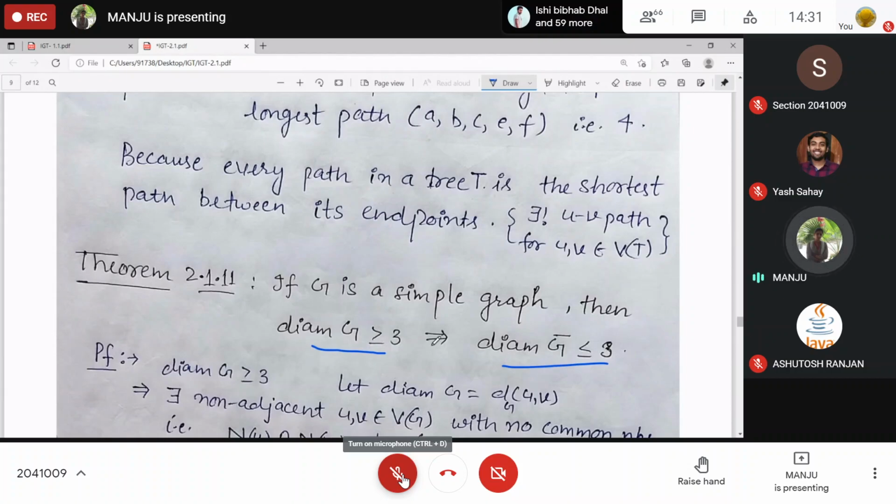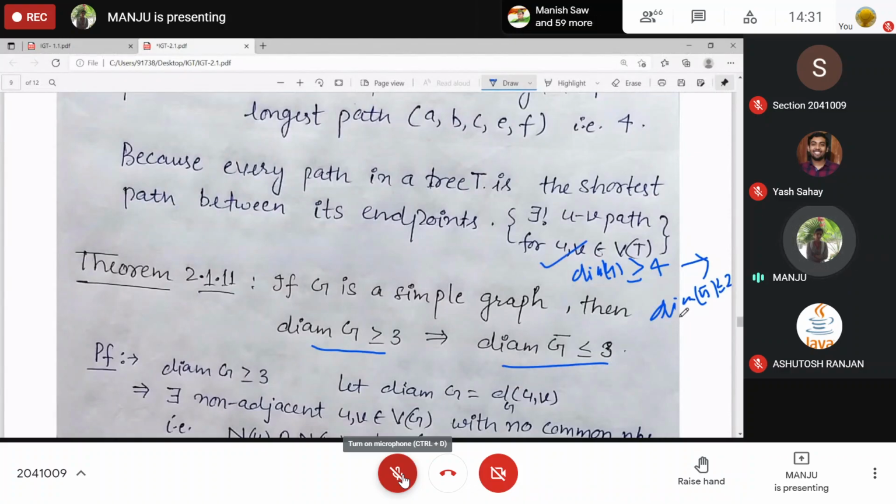On the basis of this, we discussed one question: the diameter of G is at least 4 was given, then diameter of G complement will be at most 2. So by using the same theorem, we discussed that.